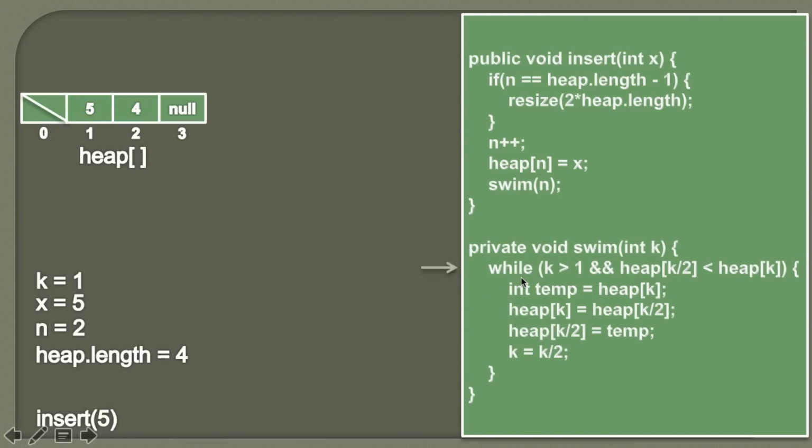And then again in the while loop we'll check whether k is greater than 1 or not. Here you can see that 5 is at its correct position, because among these two values 5 is the largest value and it is placed at the top of this heap, which is index 1. Therefore the condition in the while loop comes out to be false.